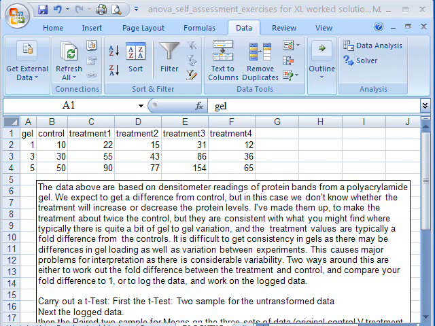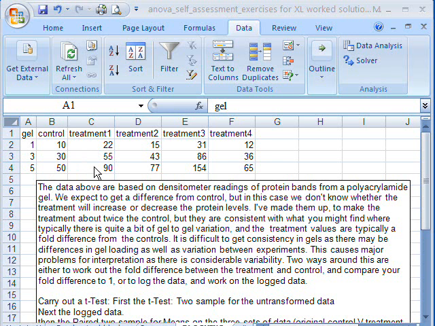One final thing I want us to have a look at is the effect of blocking. So basically I've taken the data that we looked at earlier where we had 3 different gels and we're looking at protein concentrations on those gels for a control and a treatment.